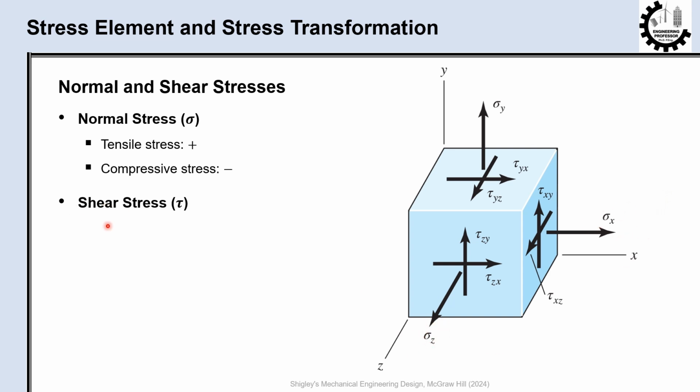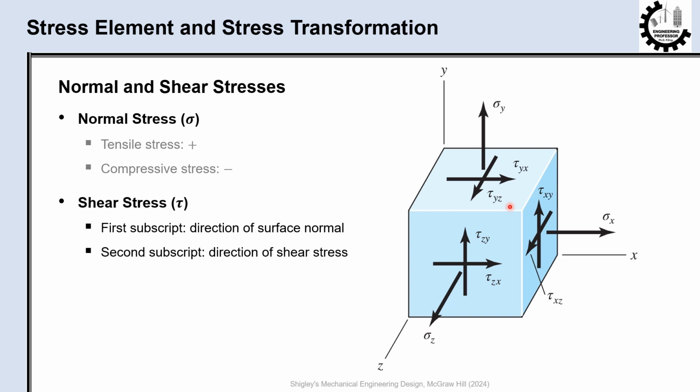Shear stress acts parallel to the faces of the cube in pairs or couples on opposite faces. A shear stress pair, for example, tau xy and tau yx, tends to distort the cube into a rhomboidal shape. For shear stresses, the first subscript indicates the direction of the surface normal vector.